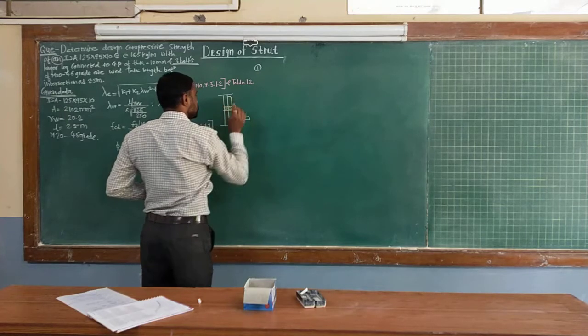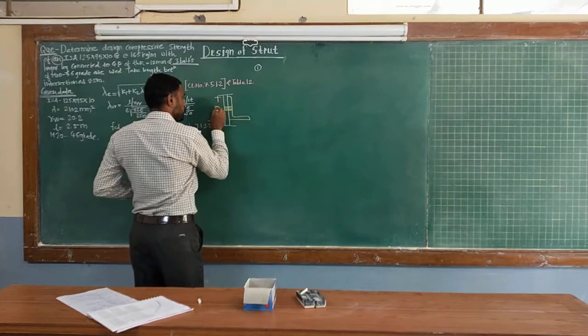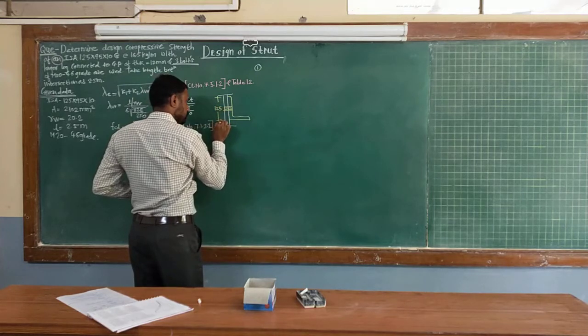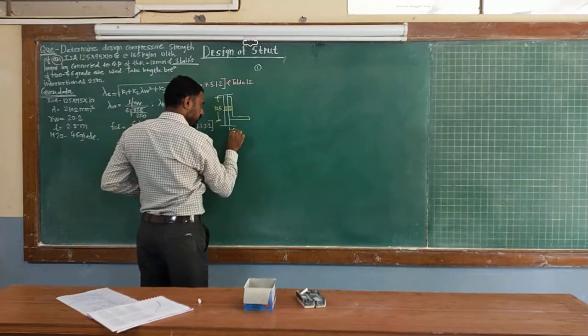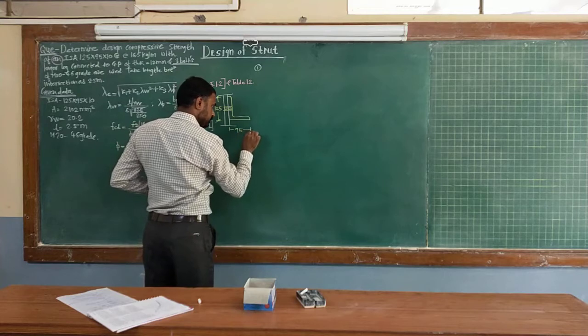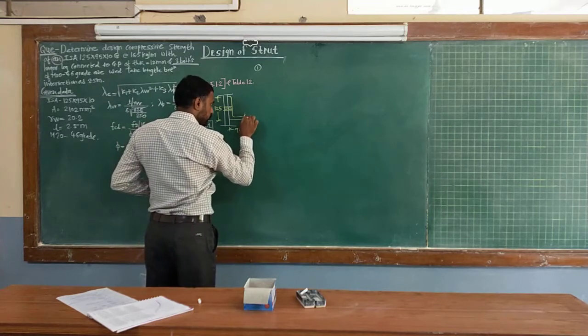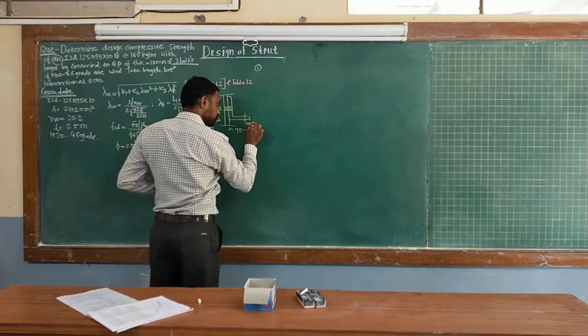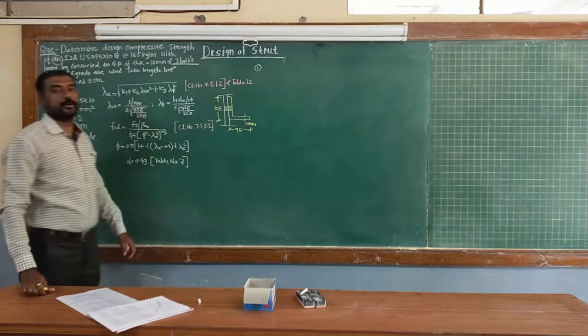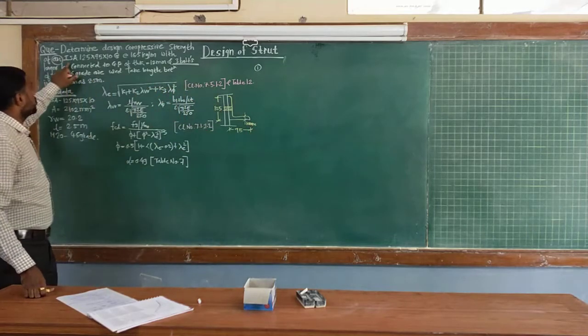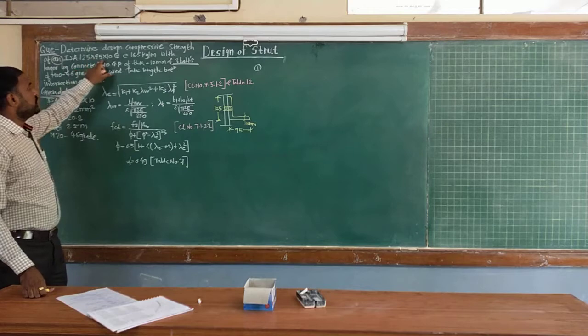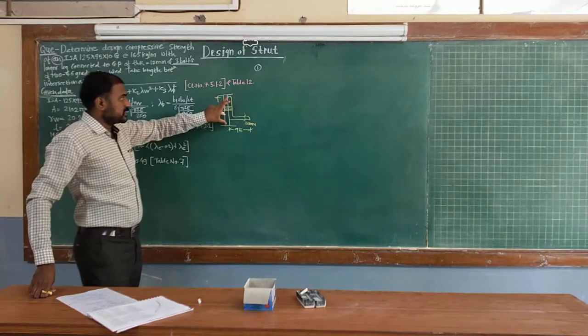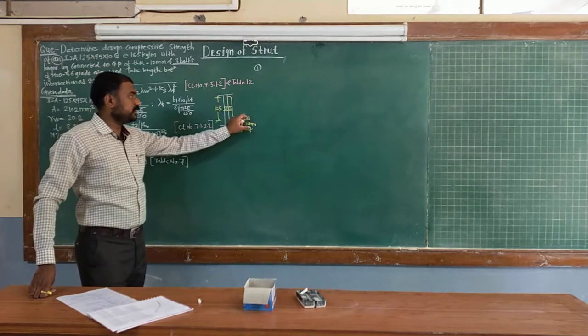This vertical leg is 125, the horizontal leg is 95, and the thickness of the angle section is given as 10 mm. Likewise, the geometrical details are mentioned as per the numerical: ISA 125 95 by 10. So 125 is the connected leg, the outstand leg is 95, and the thickness is 10 mm.